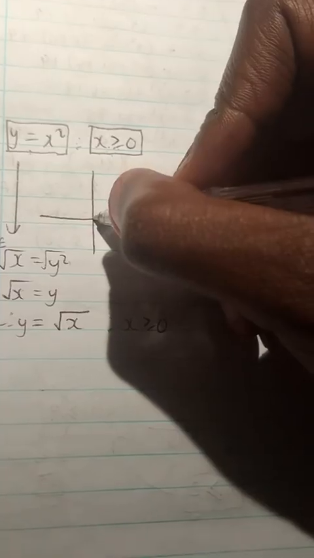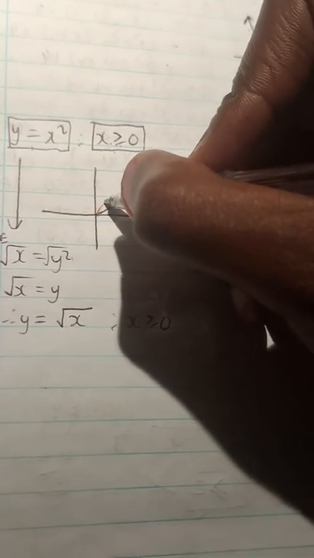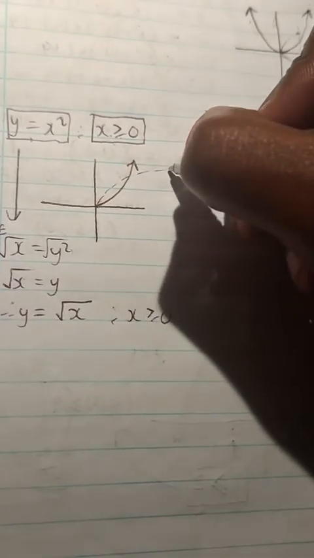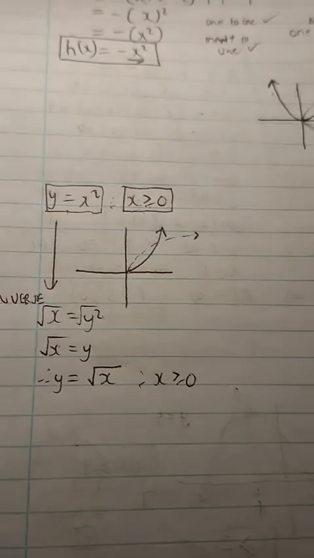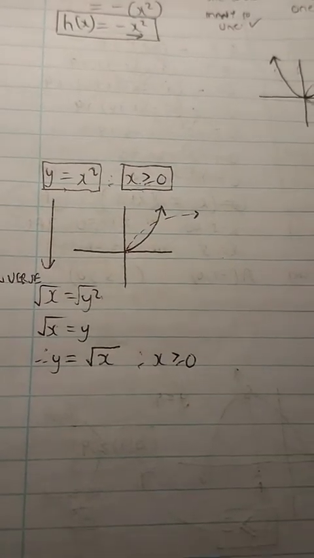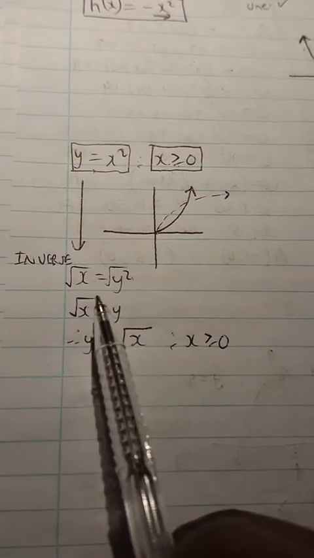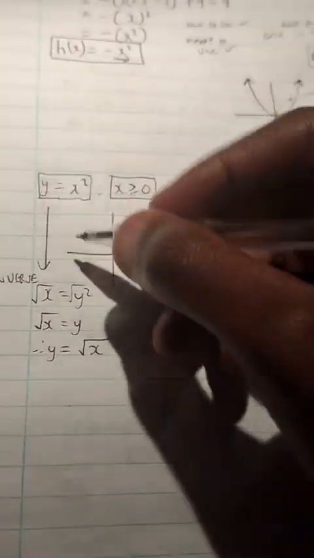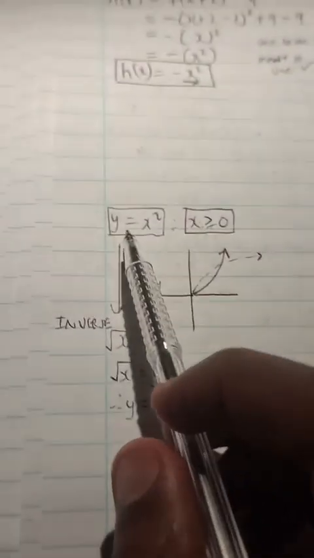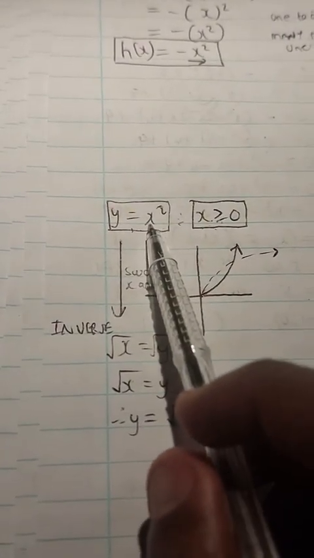The inverse of this function would be represented by that particular arm. The very important thing first is to swap x and y. You must swap x and y first. So the y is equal to x squared, you first swap around.